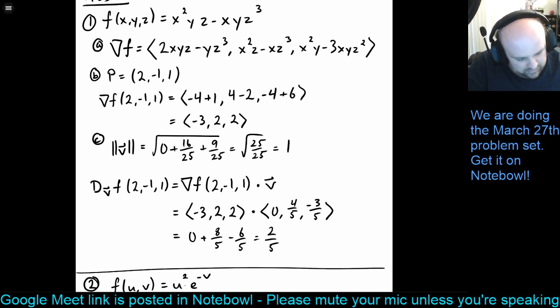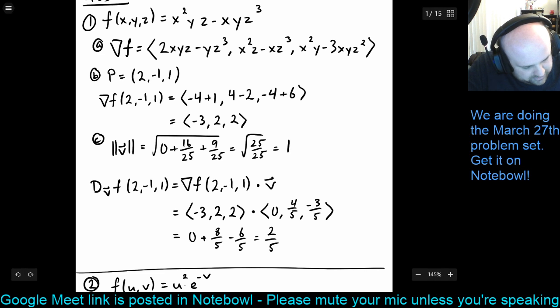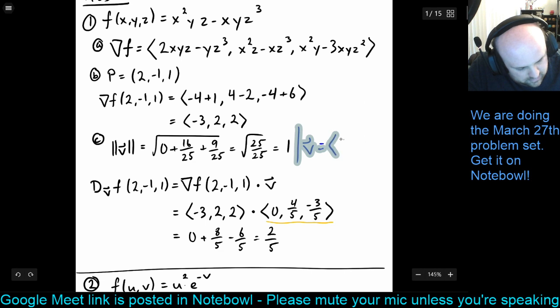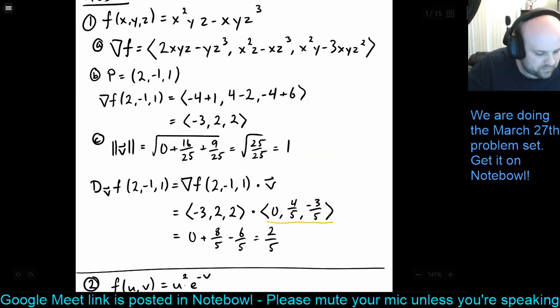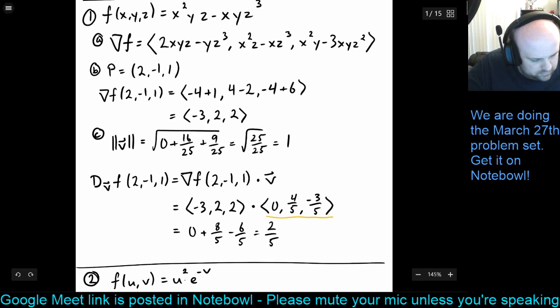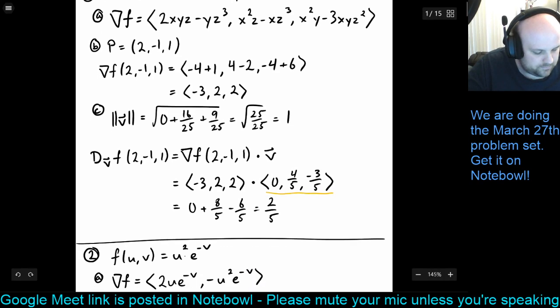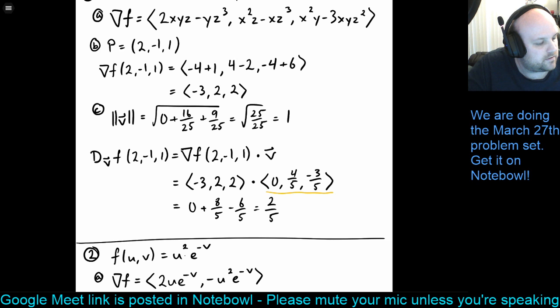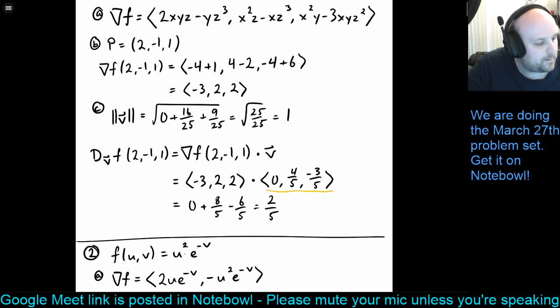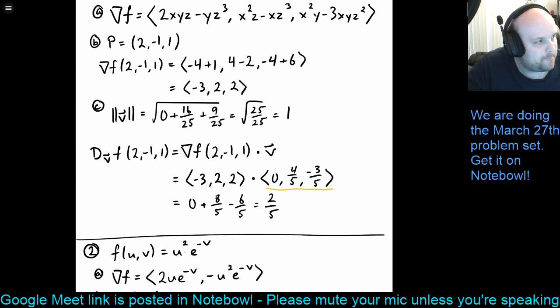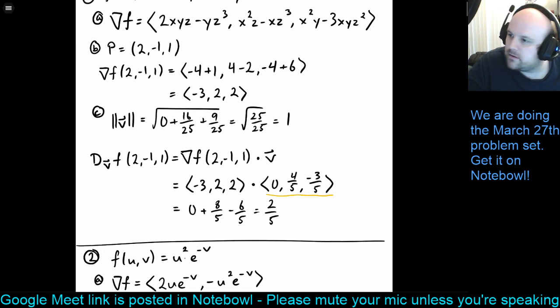The vector v here, I didn't actually write it down on the page. V is exactly this thing. So was there another 4/5? I think that's the only one, right?